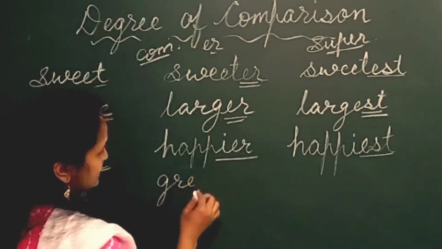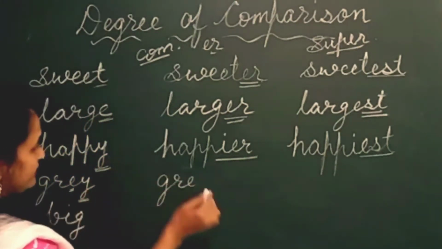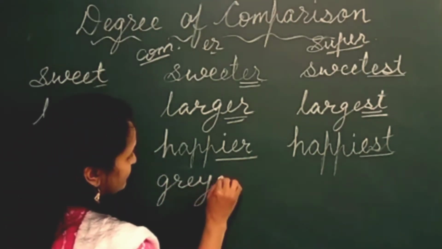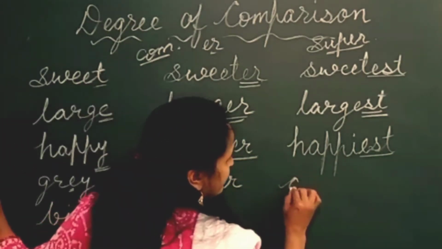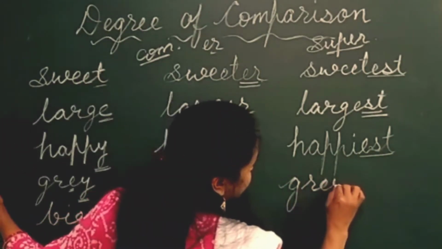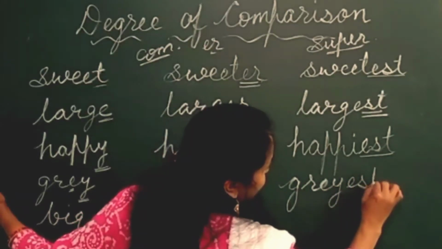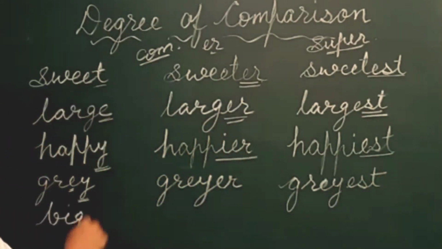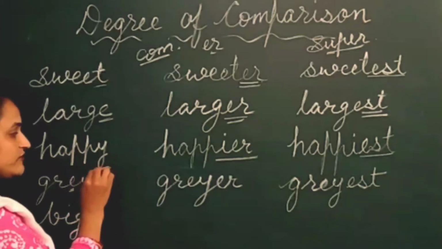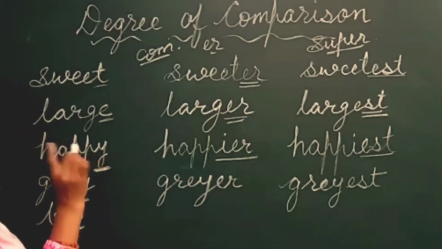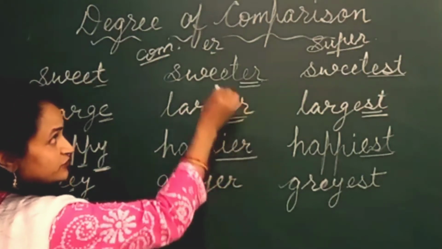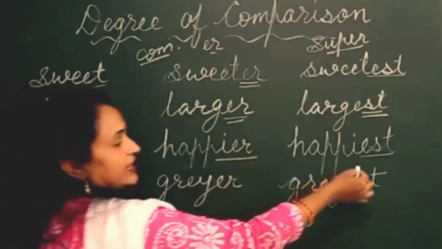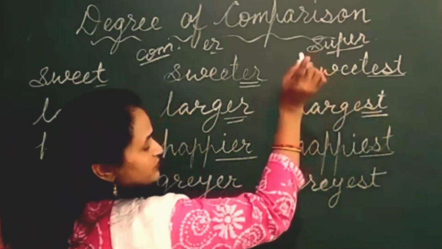We will not change y into i, we will use only er to make its comparative degree and est to make its superlative degree. Understood? When before the y any consonant is there, we will change this y to i and use er to make the comparative degree and est to make its superlative degree.